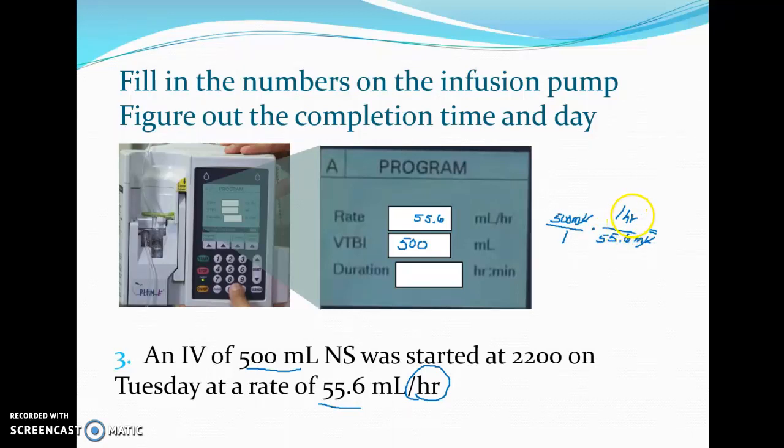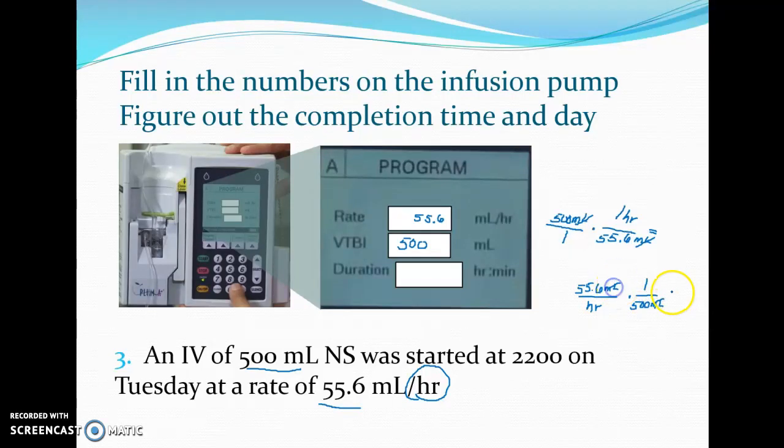Now, I know to set it up this way because I've done these problems a number of times. One of the things that can be confusing as a student when you're working on these problems is which number to start with, because there are two numbers here. So if I had tried to start the problem with 55.6 milliliters per hour, and then tried to cancel with the 500 milliliters, and that was not a fraction, the milliliters is still set up to cancel.